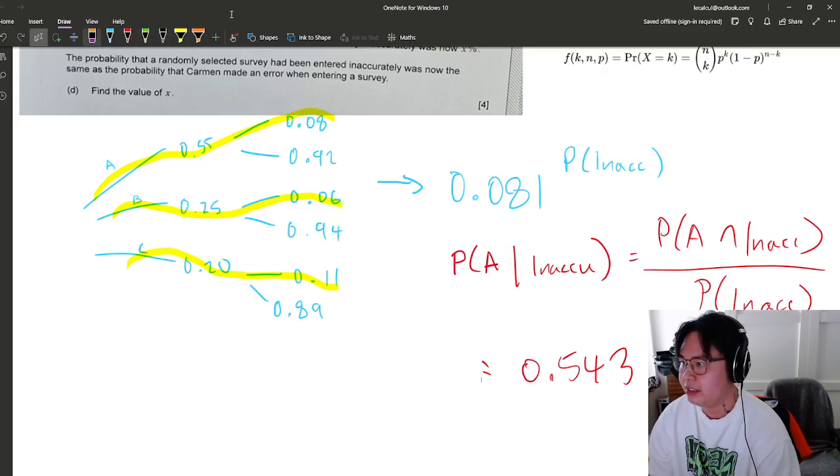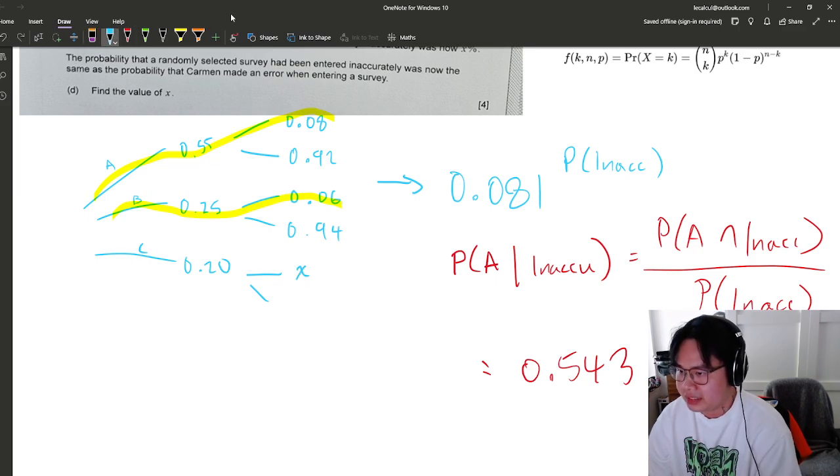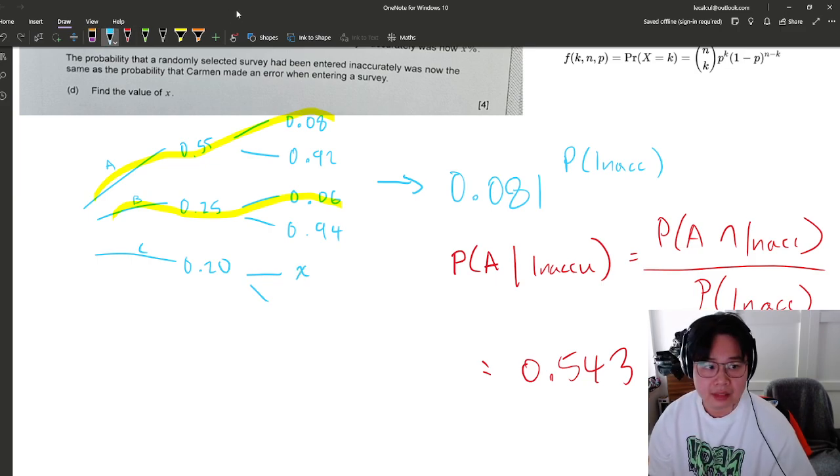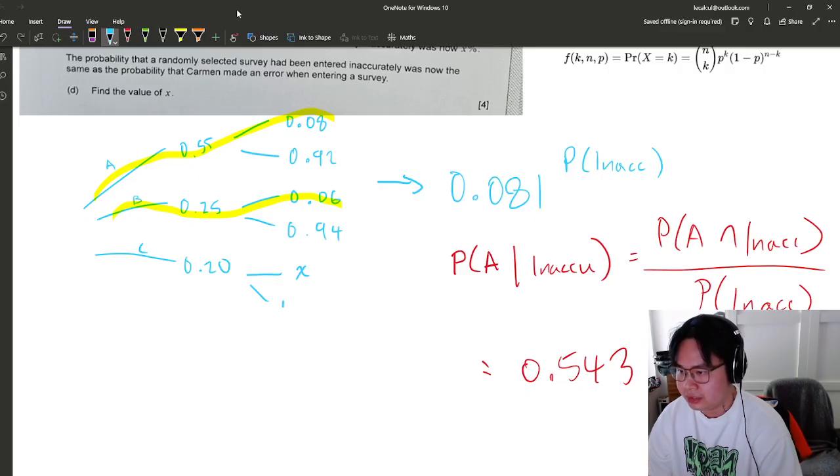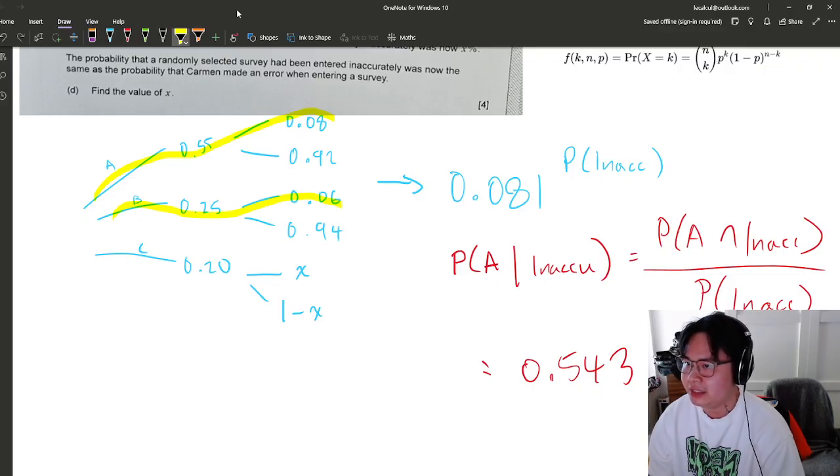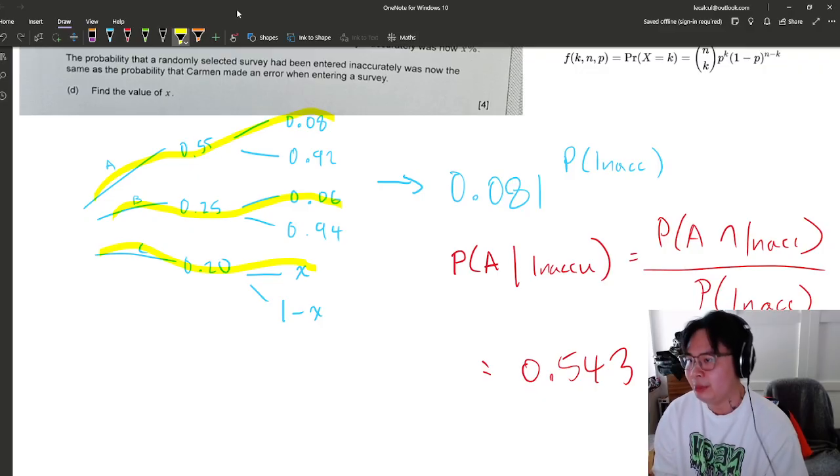Okay, so now Carmen has an error of X percentage. So that's 1 minus X, she did it correctly. The probability that a randomly selected survey had been entered inaccurately, so these three again, is now the same as the probability that Carmen made an error.